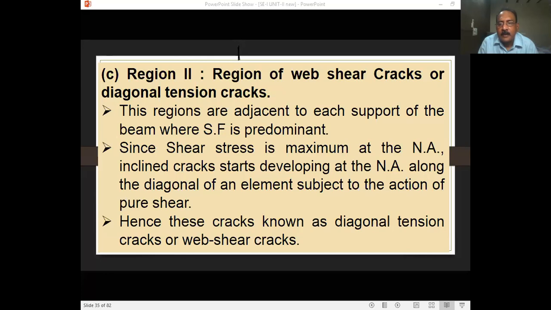See here, the center is maximum for bending moment, and for shear it is maximum at the end.